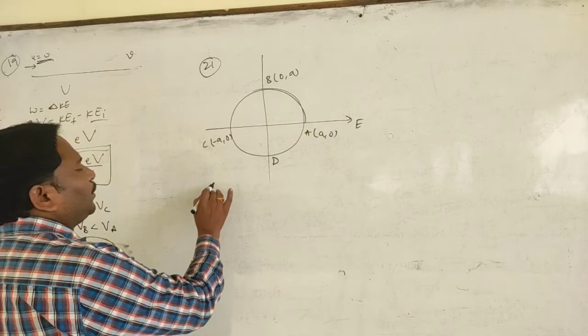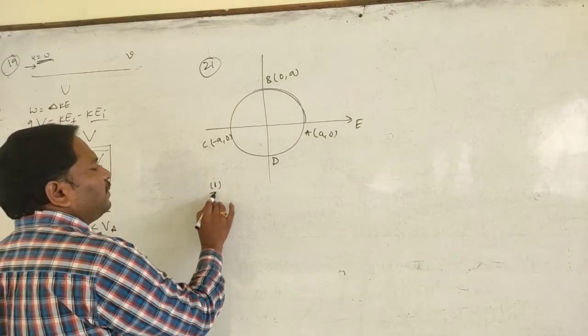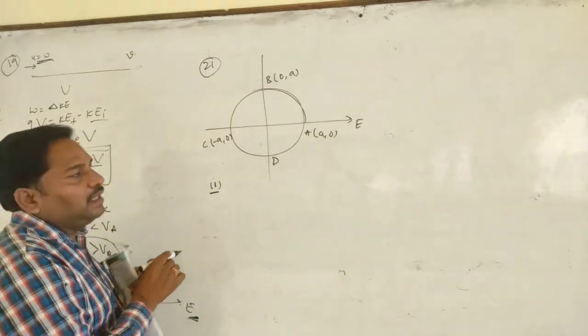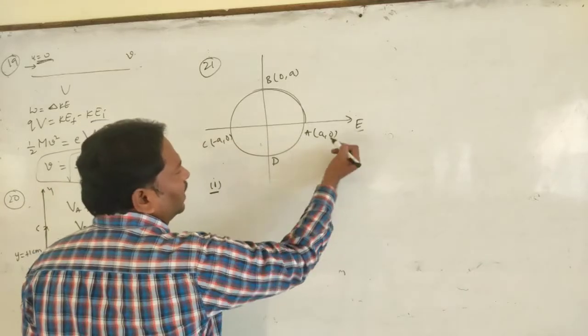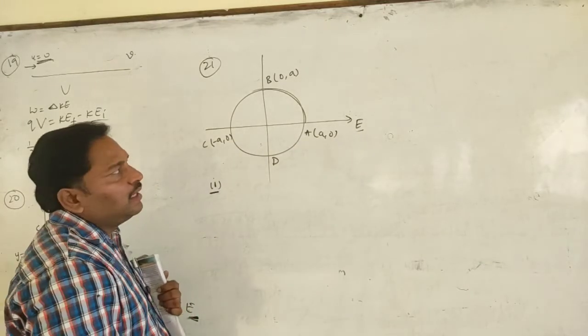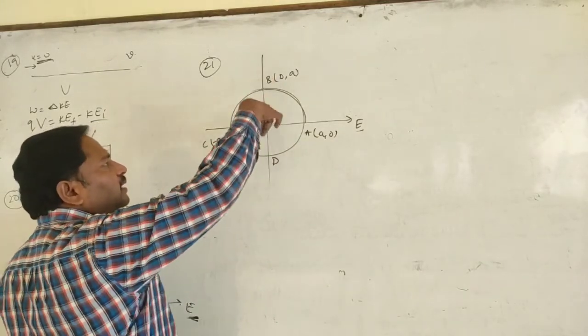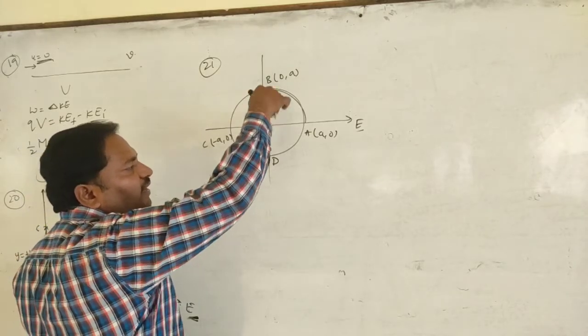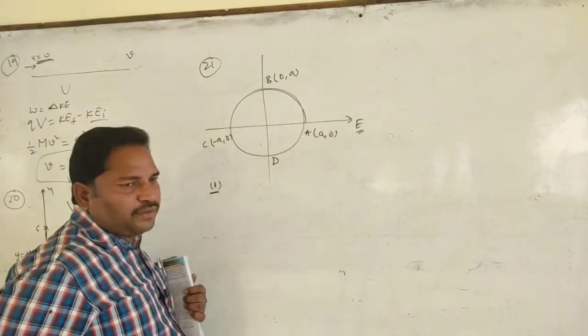Once again, two important points about the equipotential surface. Along the electric field, potential decreases. Second point, equipotential surface is always perpendicular to the electric field.